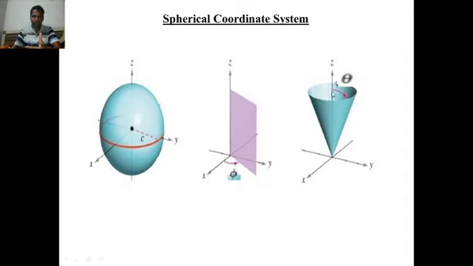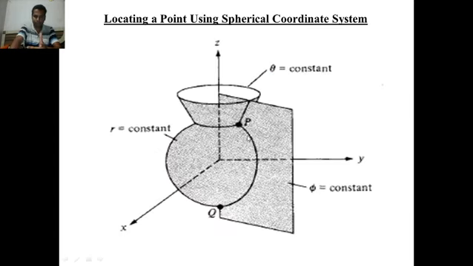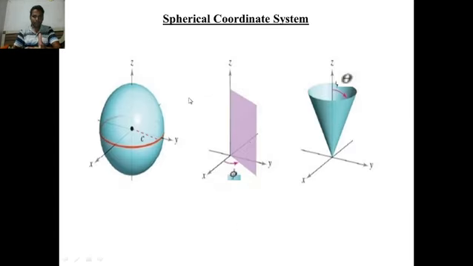This is your phi plane. The outer surface will have the same theta coordinate. That's why it is a constant theta plane. And this plane is a phi plane which started from this xz plane.